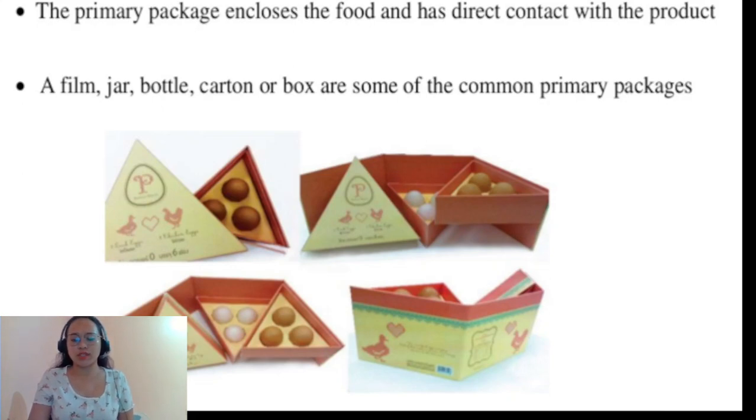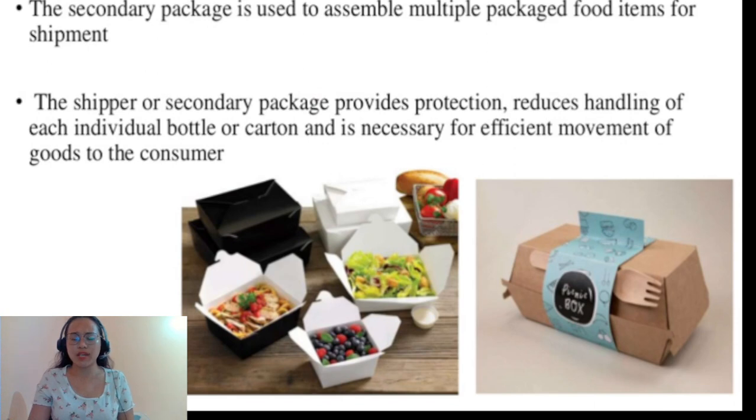Then the secondary package is used to assemble multiple packaged food items for shipment. The shipper or secondary package provides protection, reduces handling of each individual bottle or carton, and is necessary for efficient movement of goods to the consumer.